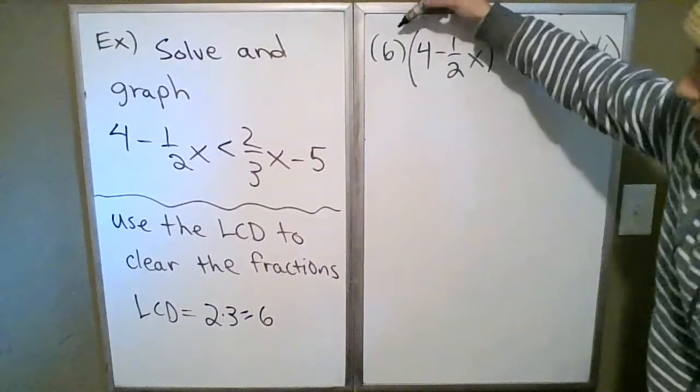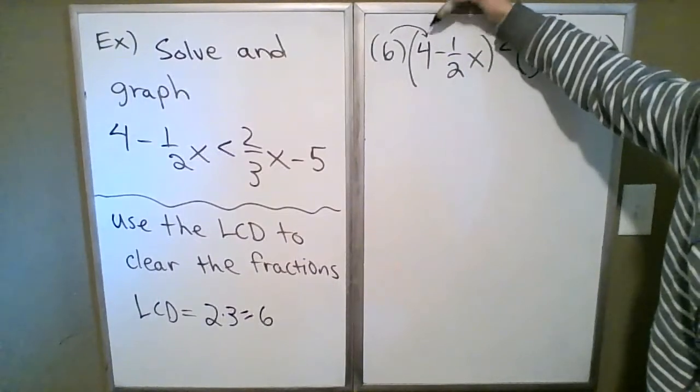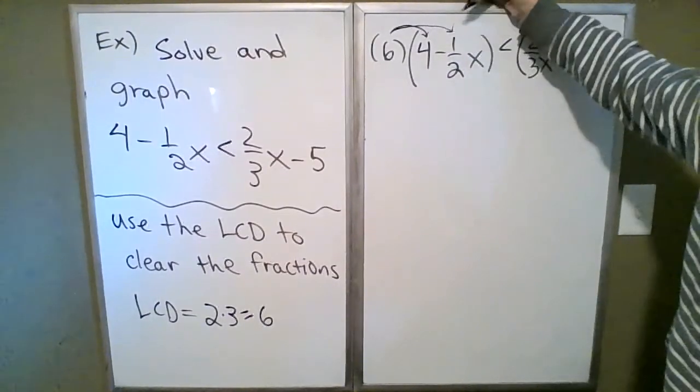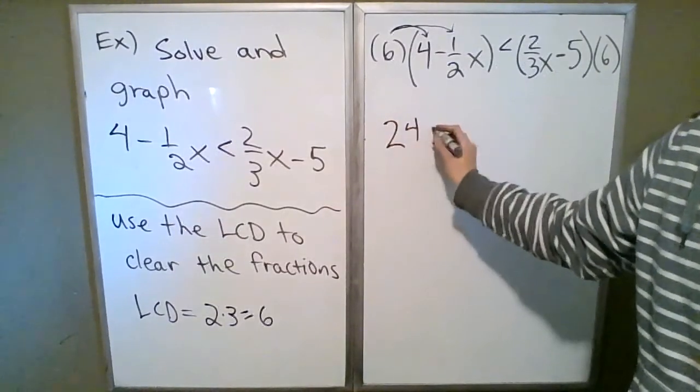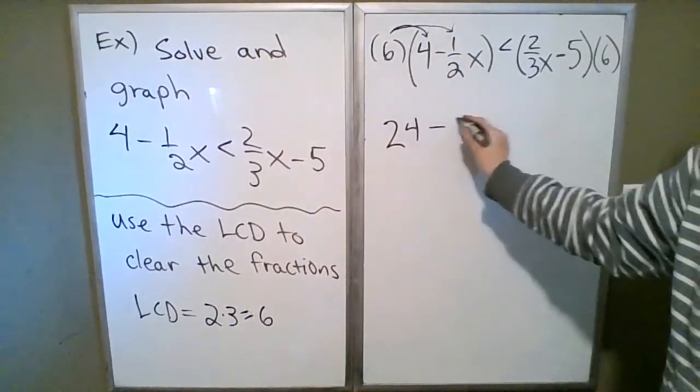Okay, on this side, you just distribute 6. 24 minus 3x.